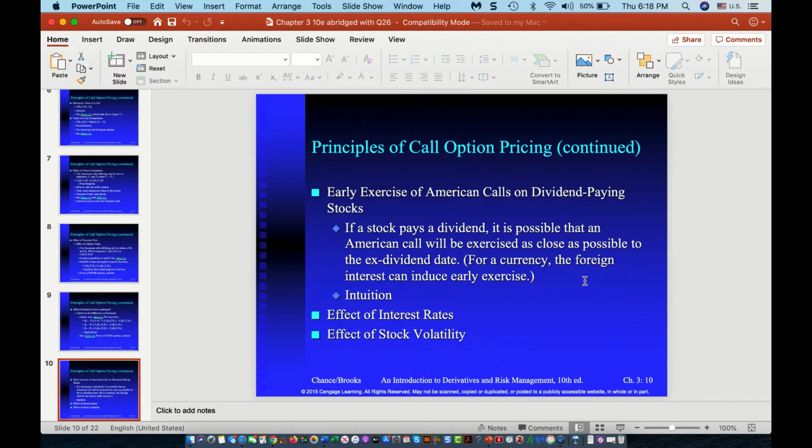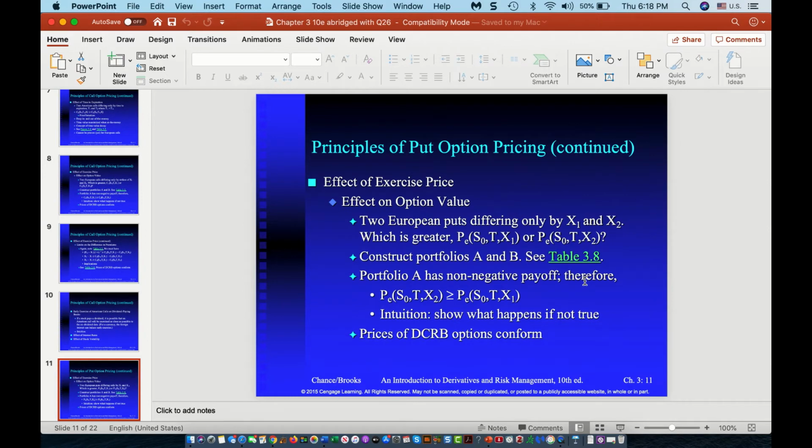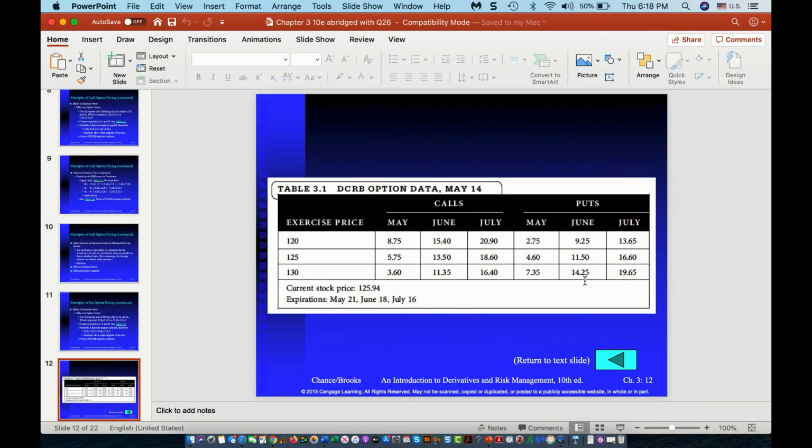exercise price. And then this question comes up: when do you exercise? You can exercise an American call as close to the ex-dividend date, because if you do this after that, you lose out on the dividend. And then the table here is the exercise price, and you can see the current stock price is 125.94. So at the money is the 125 strike.